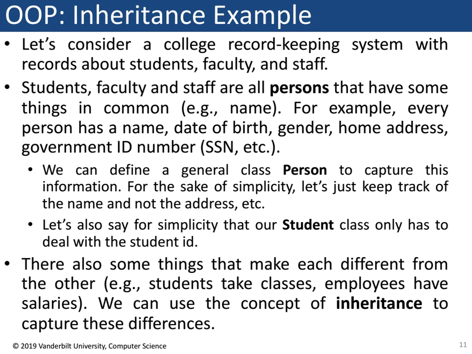And so therefore we can extend the general person class to each of these more specific situations. So we'll say, for simplicity's sake, that we are going to keep track of the name, but not home address or any of that information for a person, and that our student class is only going to deal with the student ID.